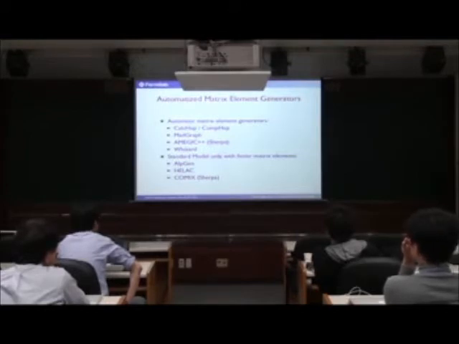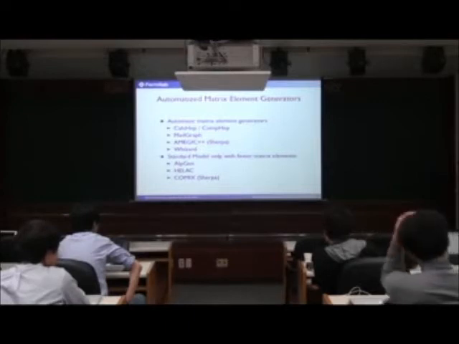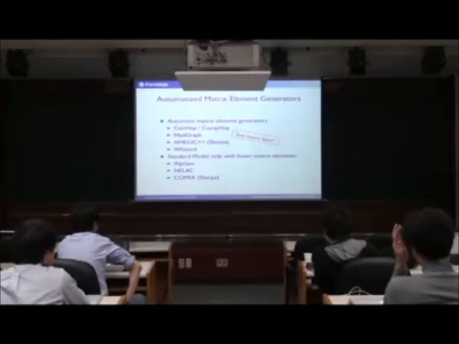There's Sherpa, there's Whizard, and then there are some very fast and very efficient matrix element generators which only have standard models: Alpgen, Amegic, and so-called Comix, which is also part of the Sherpa generator. Of course, we will talk about MadGraph, because Olivier and I and Rikkert are authors of MadGraph. And that's also the name of the school.